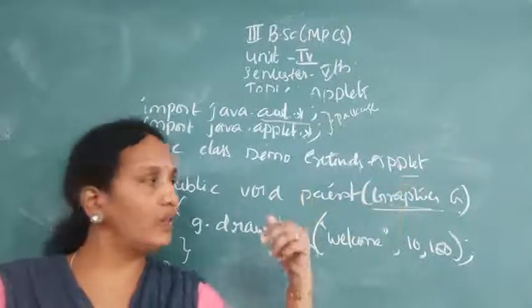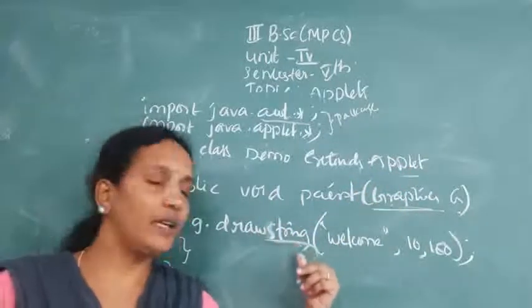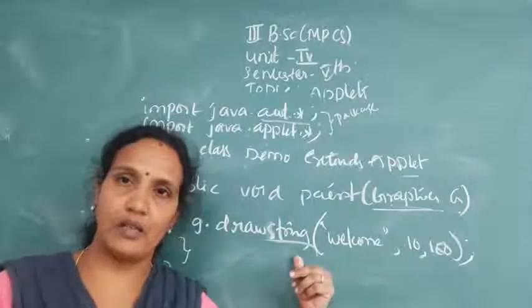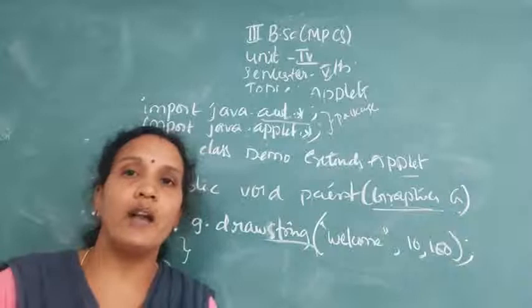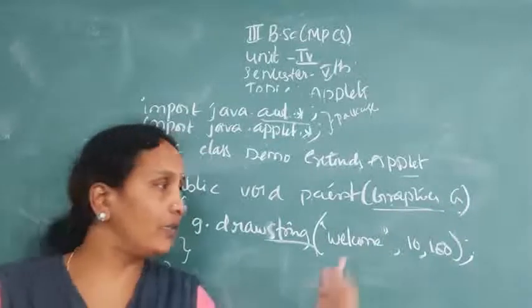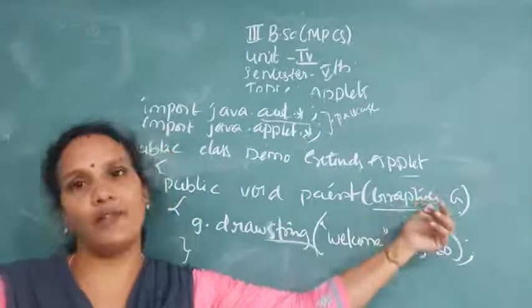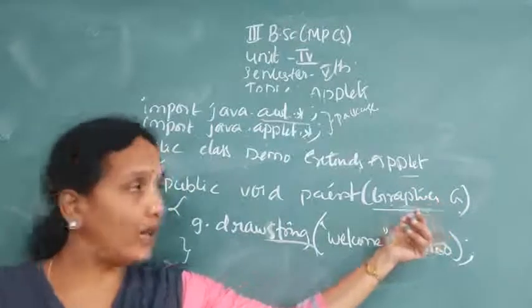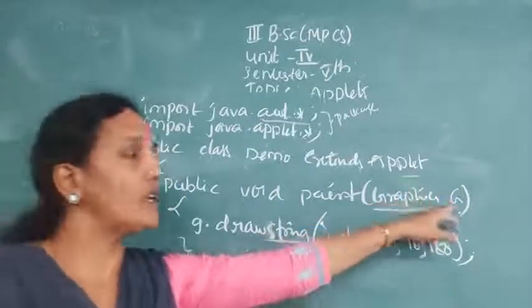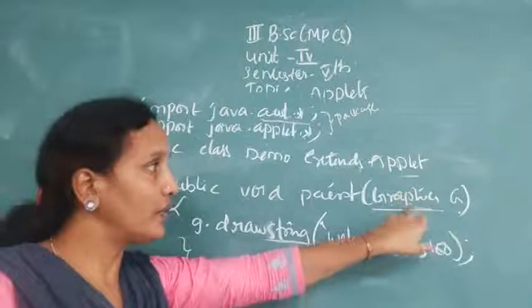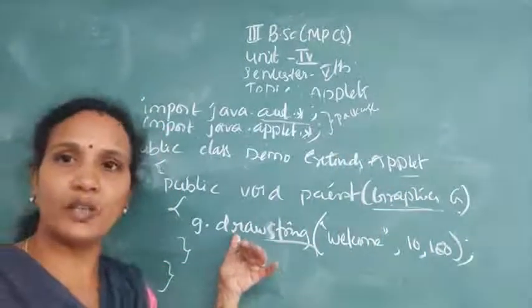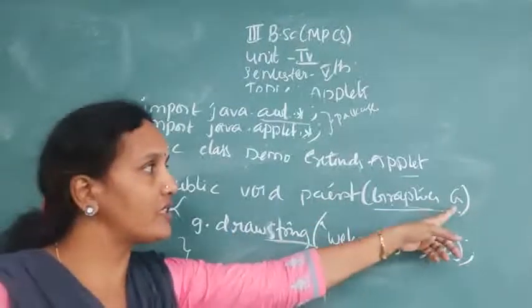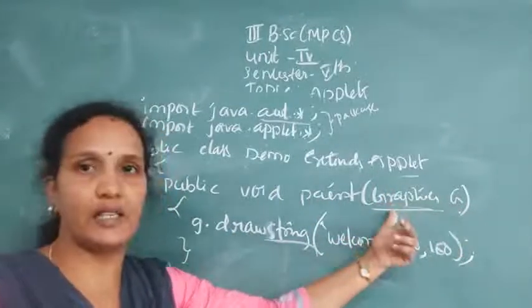Whatever information you are printing from a Java program, that can be text, graphics, or a sum, that will be displayed by using Graphics. It is the Graphics class, and it is an object. If the Graphics class is included, then only we can use the draw methods of the Graphics class. Graphics g, this is an object of this class.